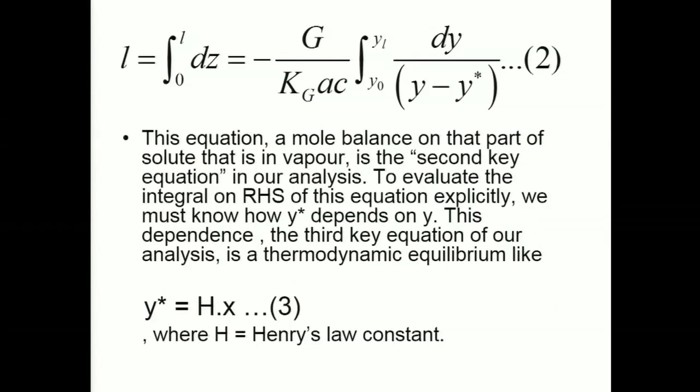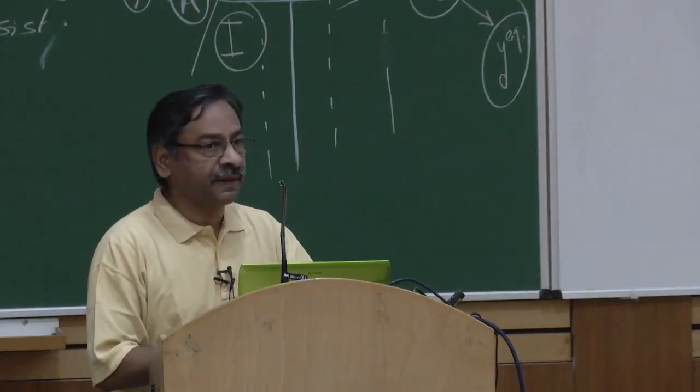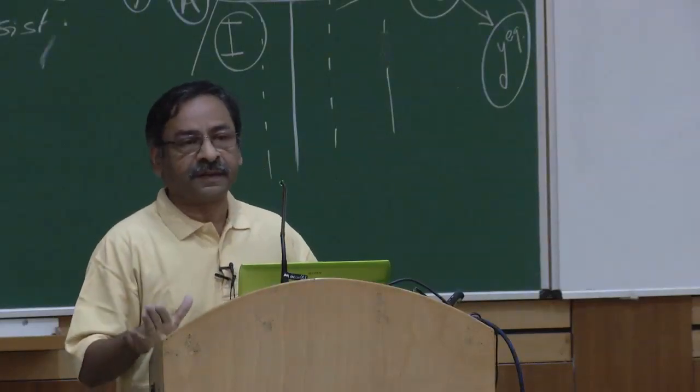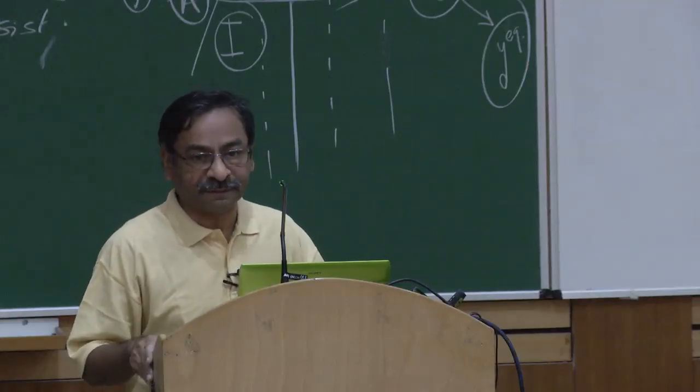Then we separated the variables and wrote the height as G by kg aC, minus G by kg aC, integral y0 to yL dy by y minus y star. And here we noted that unless we are able to describe y star in terms of y, we cannot hope to integrate this equation. There we require the third key equation, which is the equilibrium relationship, and for a dilute vapor, sparingly soluble gas, that is provided by Henry's law, Y star equal to Hx.